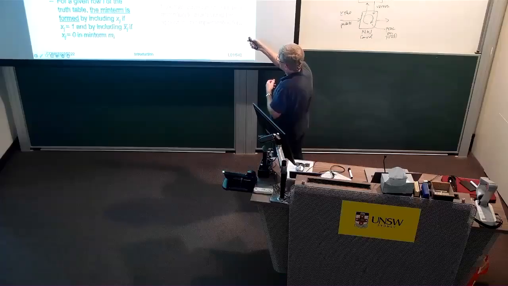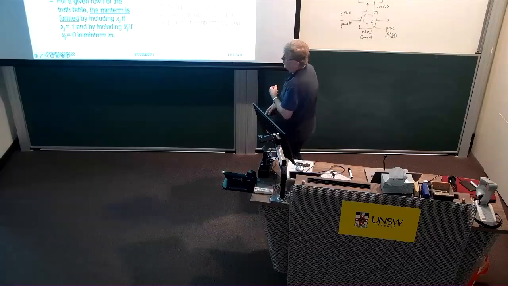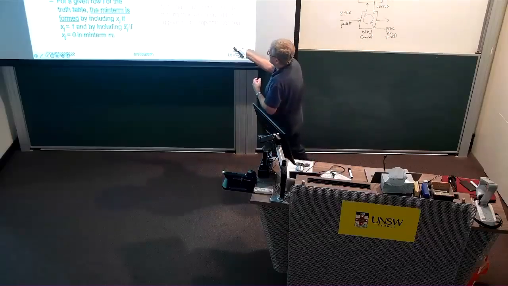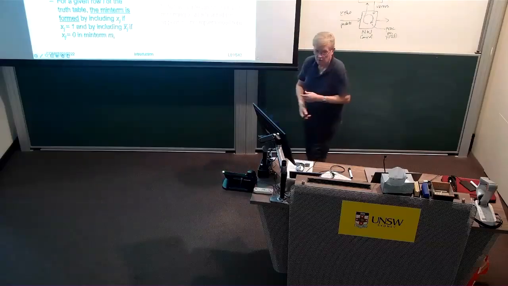A min term is formed by combining the variables in a certain way. If the valuation of the variable is 0, then it appears in complemented form in the min term. And if the valuation of the variable is 1, it appears in uncomplemented form in that min term.